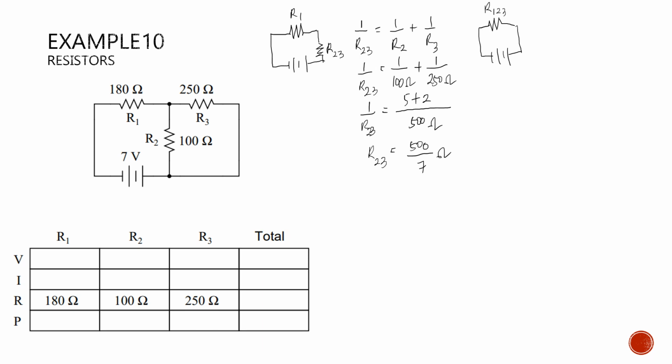Okay, so this is already in series connection, so therefore R123 would be R1 plus R23. So R1 is 180 and R23 is 500 over 7 in ohms.